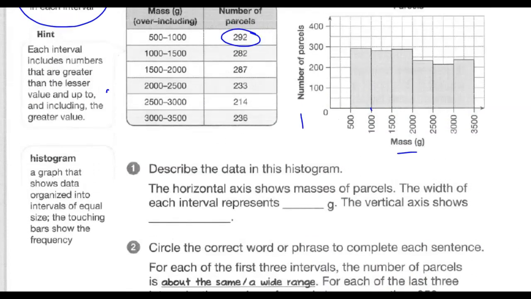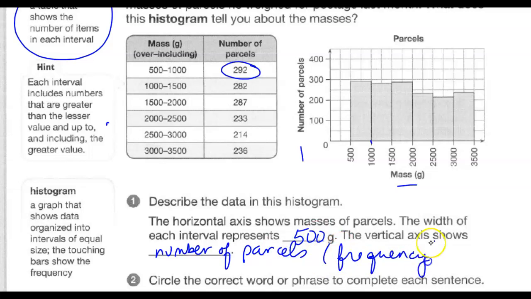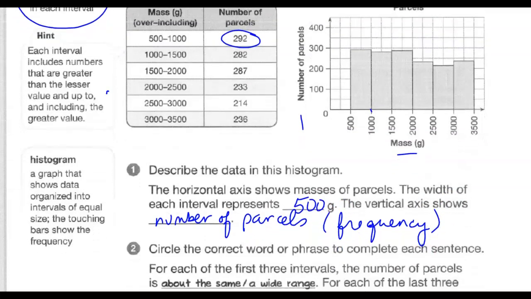So describing the data in the histogram, the horizontal axis shows masses of parcels. The width of each interval represents 500 grams. The vertical axis shows the number of parcels, which is the frequency. Okay.